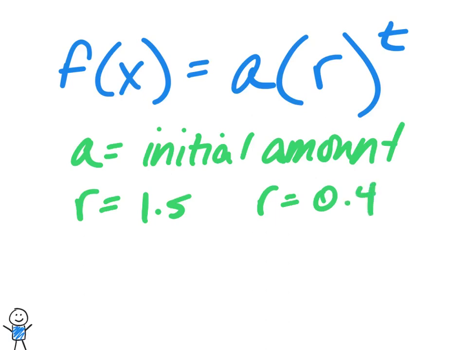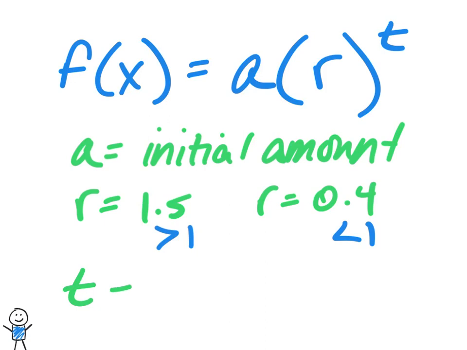We'll talk more about how to tell by how much did it grow or by how much did it decay later, but your reference number to this is, is it above 1 or is it less than 1? That's how you can tell if a particular function is going to be growing at a certain rate, with a growth rate being greater than 1, or decaying at a certain rate, which would be a value less than 1.